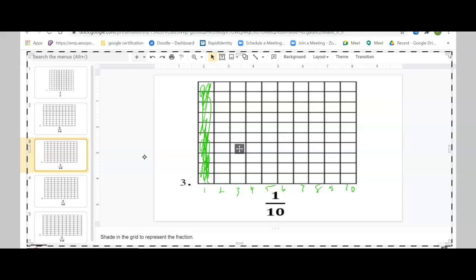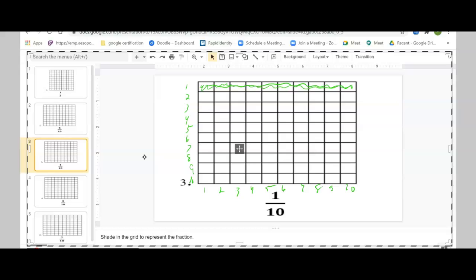Now, you could have done it a little bit different if you wanted. You could have shaded in by rows. You could have shaded in 1 row, and you still would be accurate. You still would be correct because you shaded in 1 out of 10 rows. So 1 out of the 10. So there's 2 different ways you could have done that.